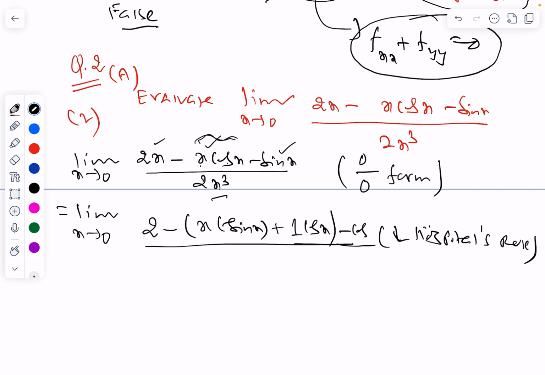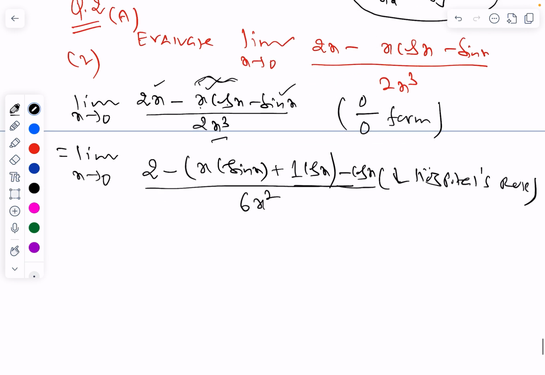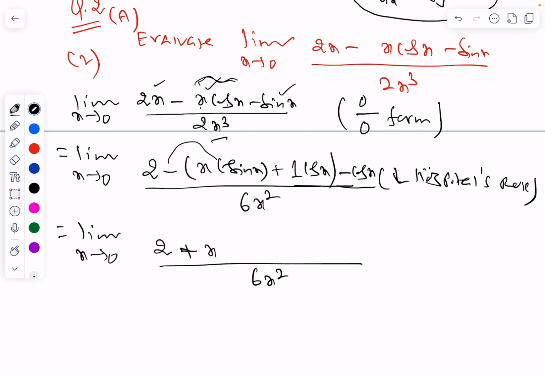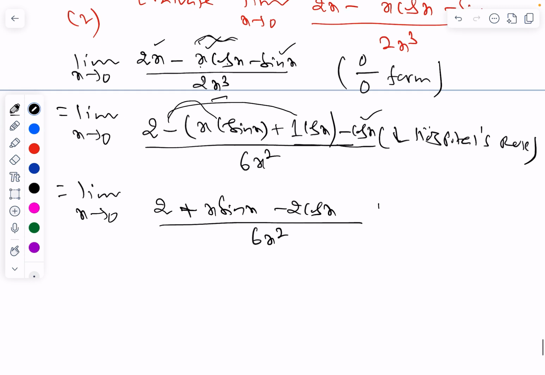Derivative of sine x is cosine x. Derivative of 2x cube is 6x square. Let us simplify: this is 2 minus minus plus x sine x, minus cosine x, so minus 2 cosine x.